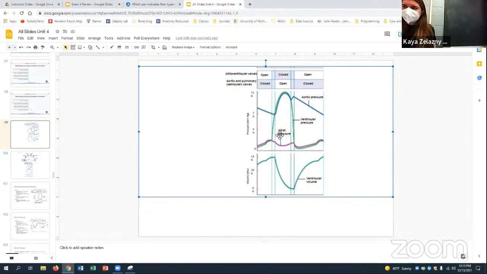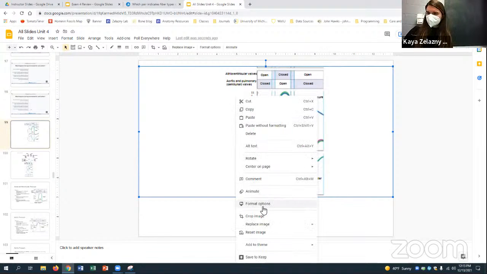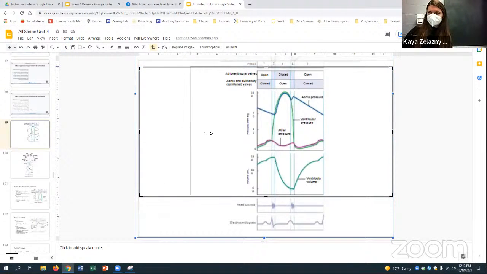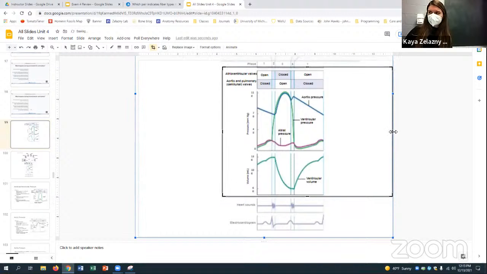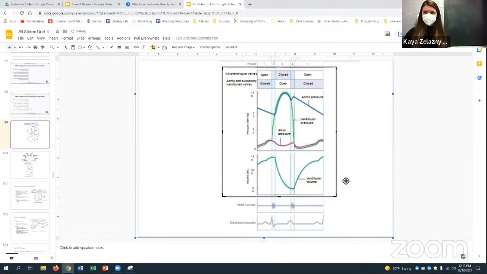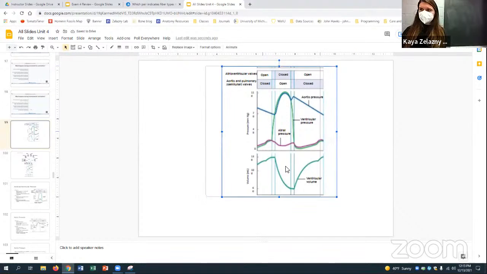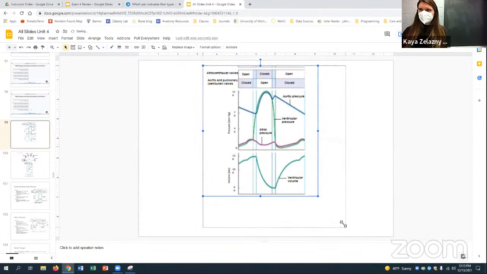So if we're looking at these graphs of pressures, they can look a little more overwhelming, but really they're just summarizing those things that we already know need to be true based on what we know about what those chambers are doing, right?